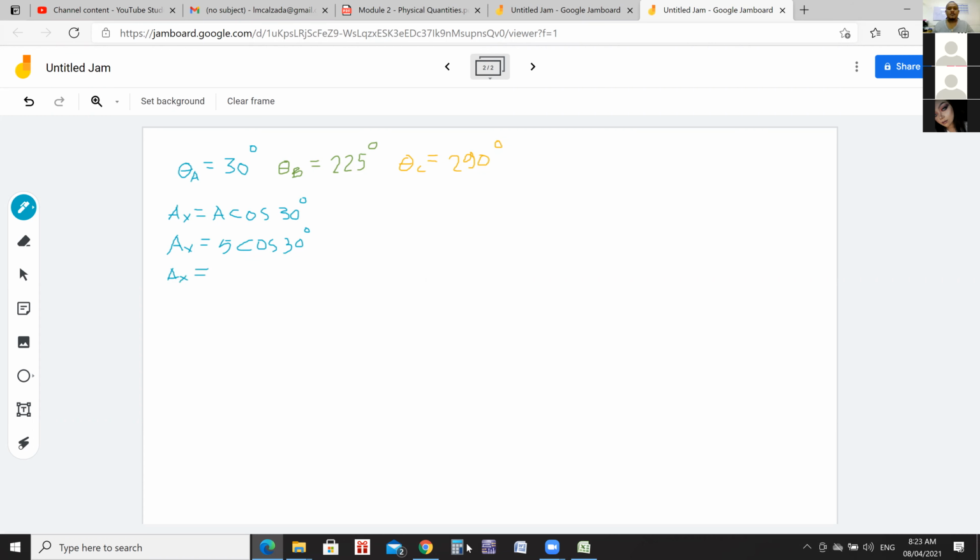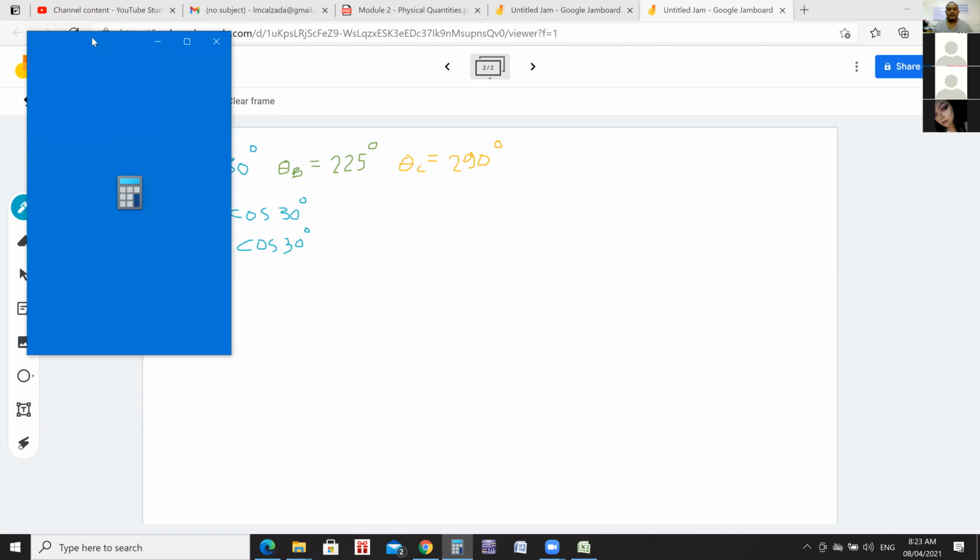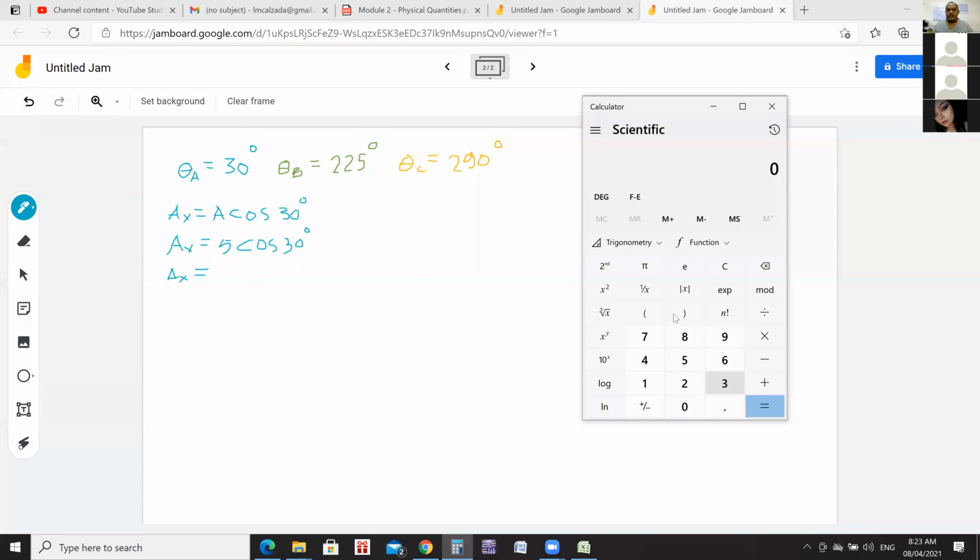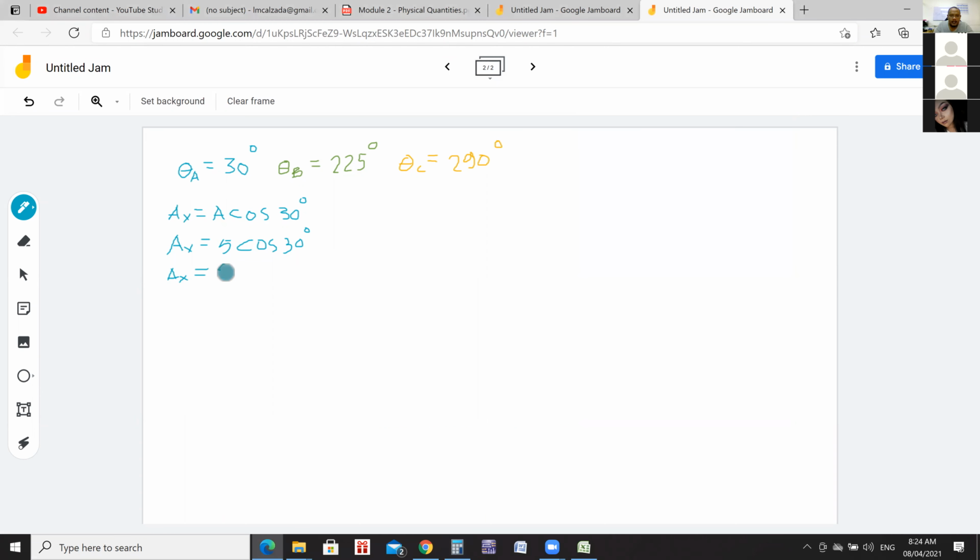Or AX is equals to, gamitan na to o calculator, 30 cosine times 5. Answer, 4.33. We have 4.33, units should be Newton.